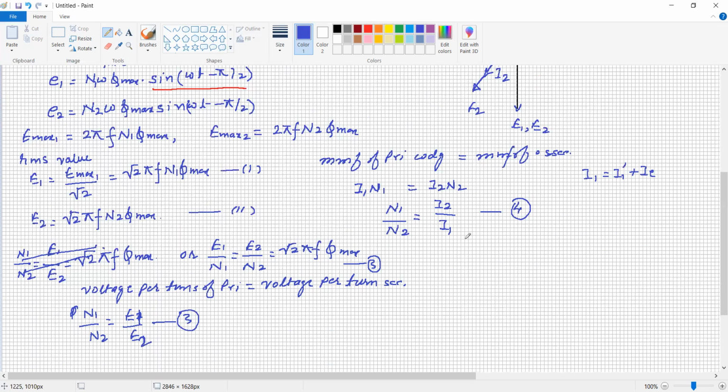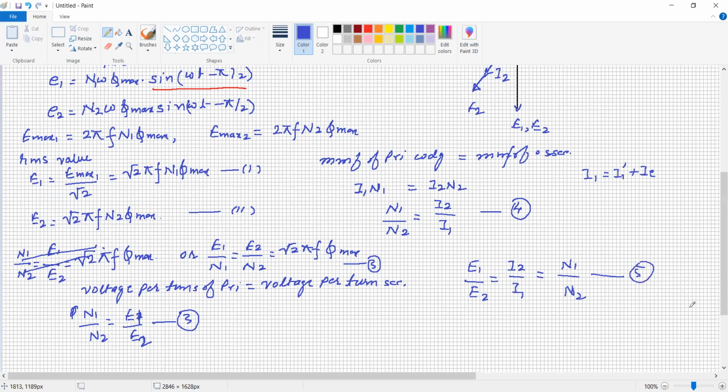From equation number 3 and equation number 4, we can write E1 upon E2 is equal to I2 upon I1 is equal to N1 upon N2. Say this is equation number 5.